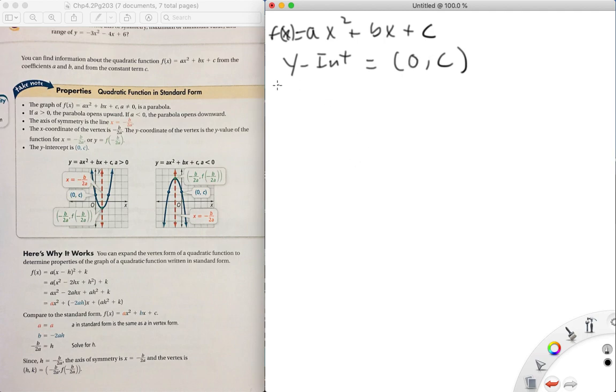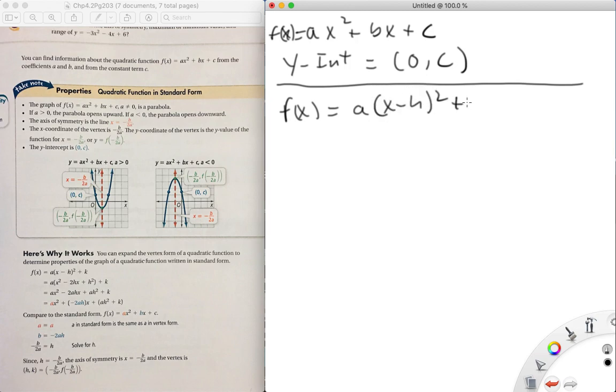Alright, here's the proof for negative b over 2a, and we start off in vertex form. f of x is equal to a times x minus h squared plus k. So we have this x minus h squared. We're going to actually square that. So that's step 1, square. So x minus h times x minus h, and do that process.